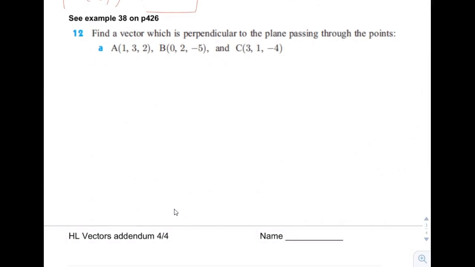Find a vector which is perpendicular to the plane passing through the points A, B, and C. Okay, so the first step here is we have a plane and it's got points A, B, and C on it. We do know how to figure out what a vector is that is perpendicular to two vectors. We don't know yet how to figure out a vector that is perpendicular to a plane.